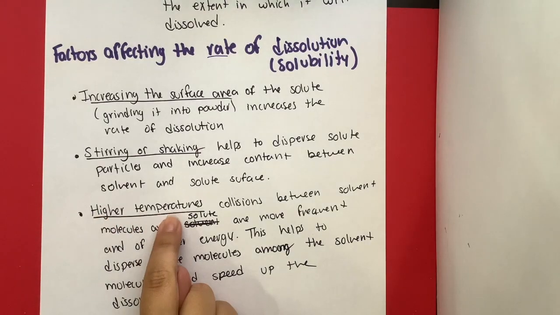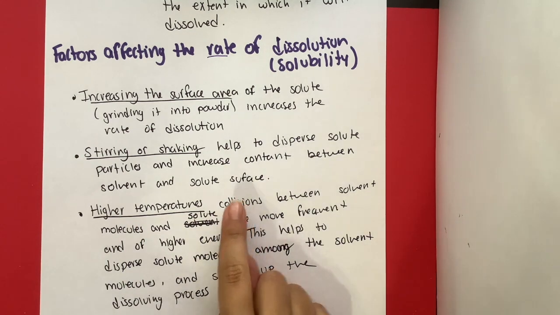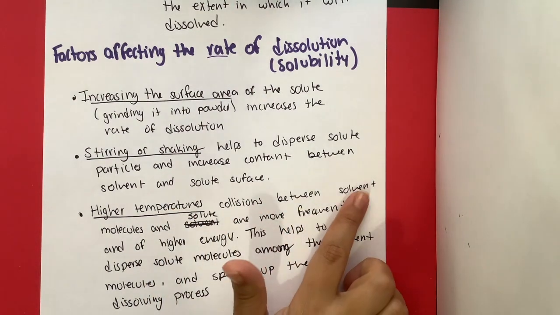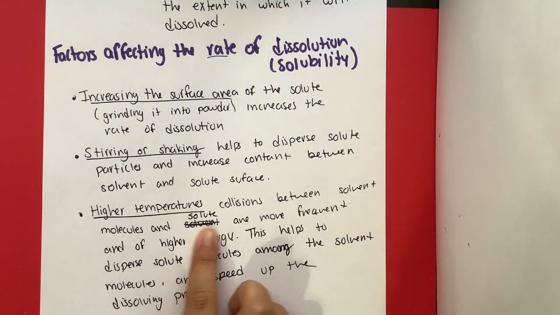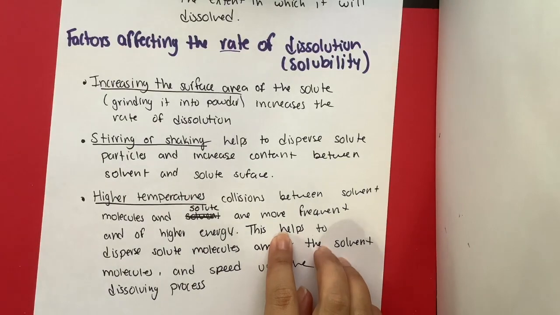Increasing the temperature: if I increase the temperature of my solution, the collisions between solvent molecules and solute are more frequent and of higher energy. My water molecules are going to be moving around faster, impacting those salt particles and therefore dissolving them faster.